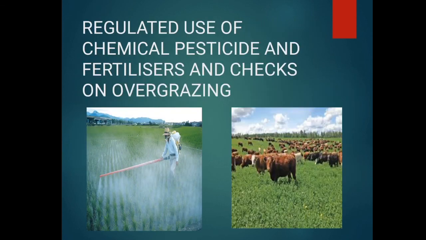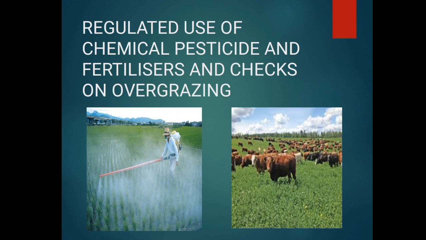Next, regulated use of chemical pesticides and fertilizers and checks on overgrazing. Look at the first picture. That picture shows a man spraying chemical pesticide on the agricultural field. We have to be very careful in using chemical pesticides and fertilizers. We should not overuse chemical pesticides in the agricultural land. That makes the land unworthy.